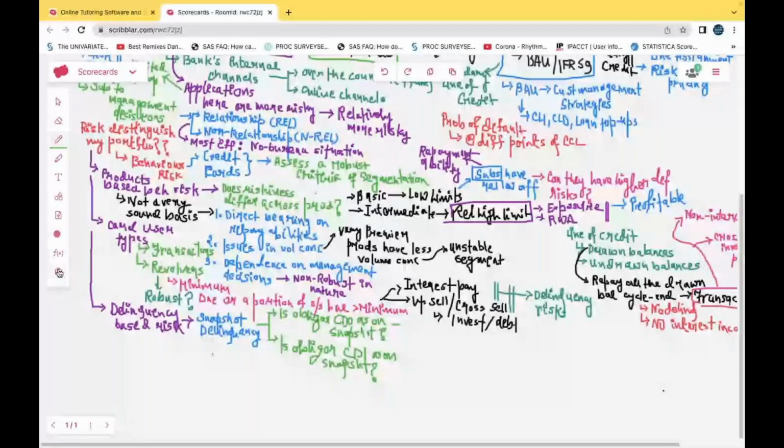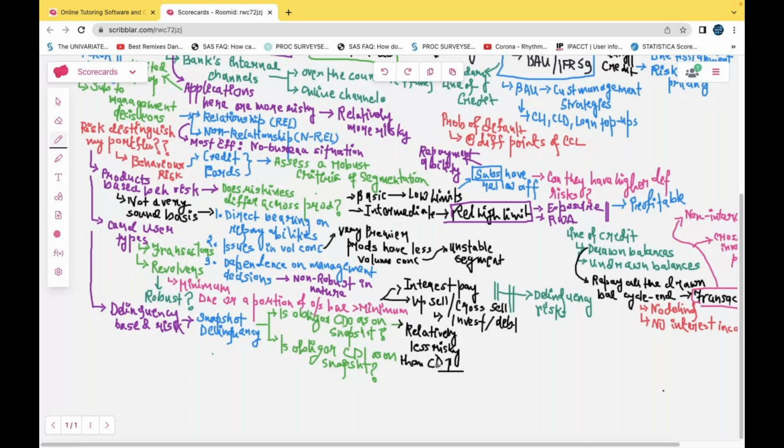So over here, a CD0 borrower is always relatively less risky than CD1. Right? Now, what is the advantage of this segmentation?